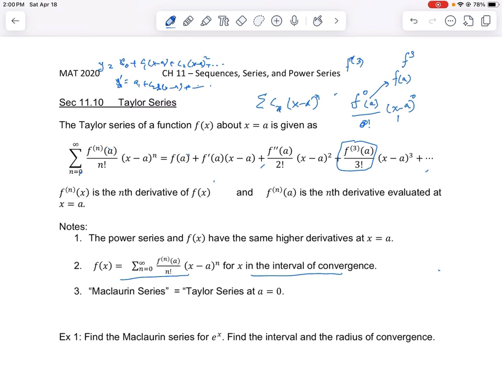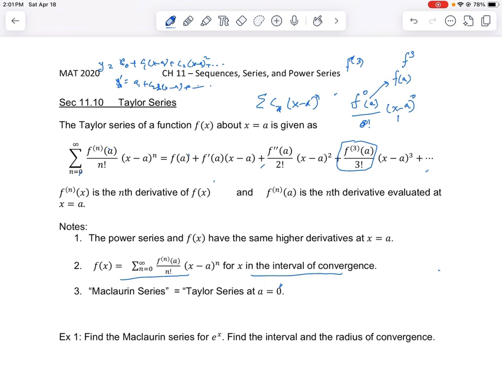Usually most of the time we will be working with the Maclaurin series, because it's easier, less work and more understanding. But the Taylor series, once in a while we will calculate that. It's basically the Taylor series but evaluated at 0.